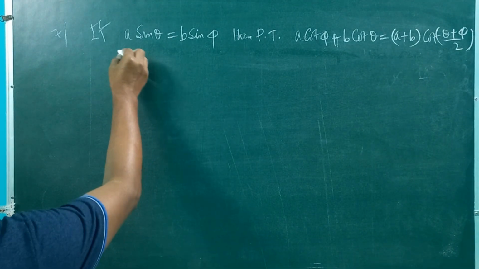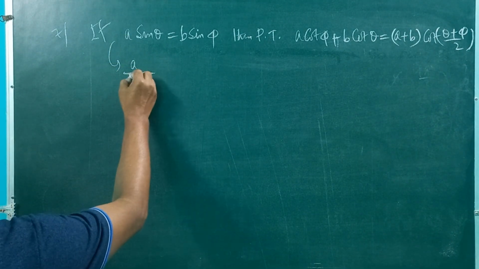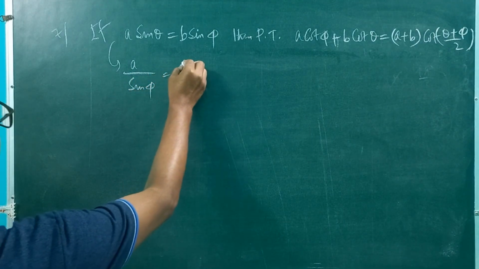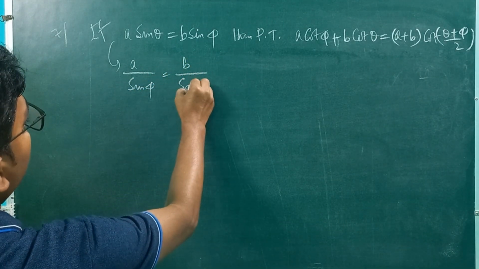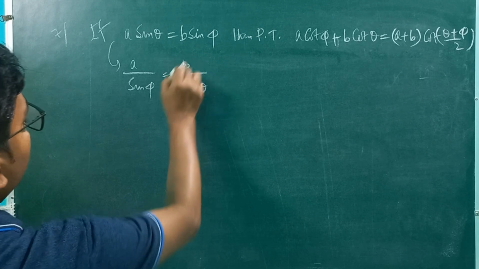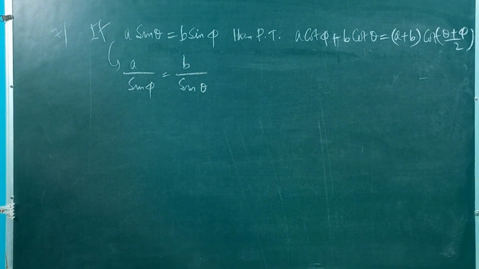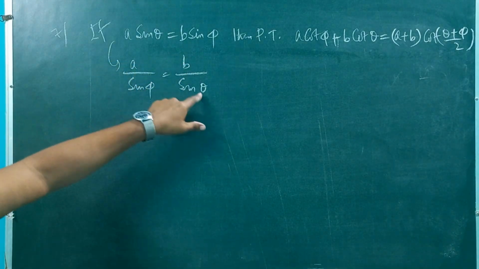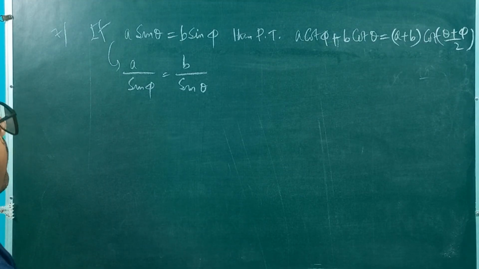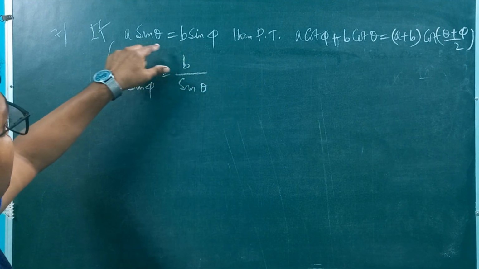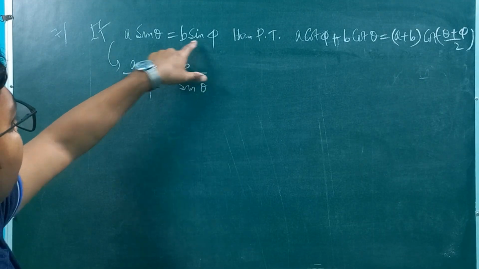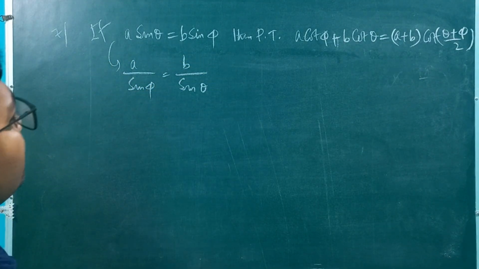First of all, from this I can write a by sin phi equal to b by sin theta. I just combine a with phi and b with theta. Just cross multiply or interchange them, sin phi on the left side and sin theta on the right side.